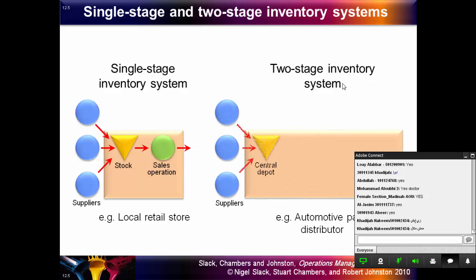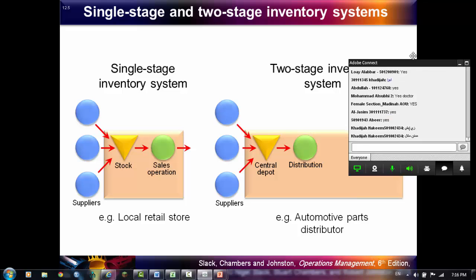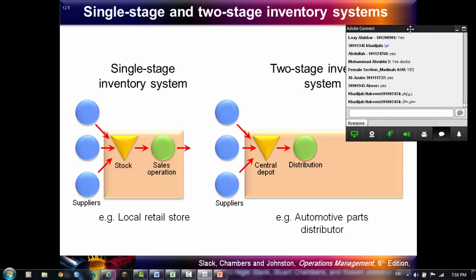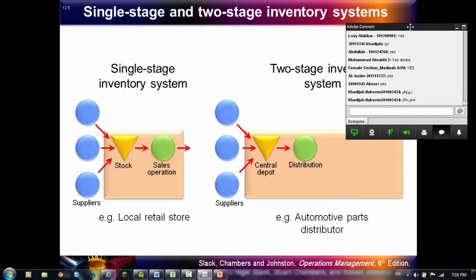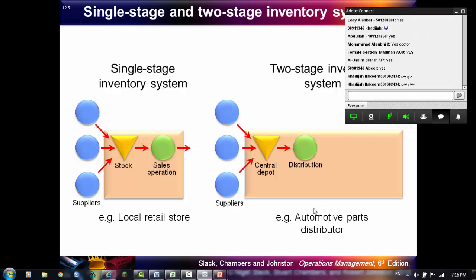Like, for example, the car distributor, where automotive means cars, or car parts distributor. In the car distribution business, this is the supplier for the engine, for example, this supplier for the glass, and this supplier for the seats.